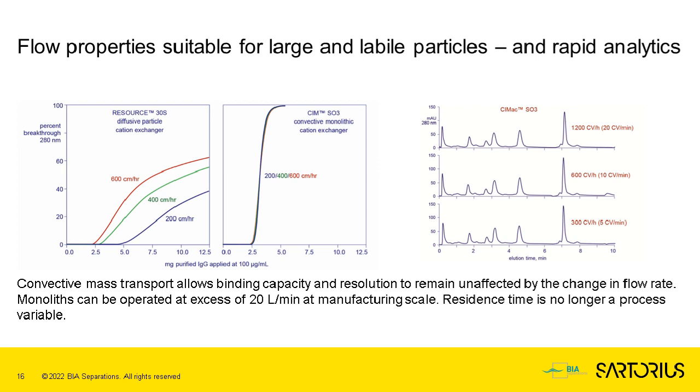And from an analytical perspective, that means we can increase the flow rate to the pressure limit of the system and not sacrifice resolution. And that becomes very important when we try to have very rapid feedback on our IVT reaction.